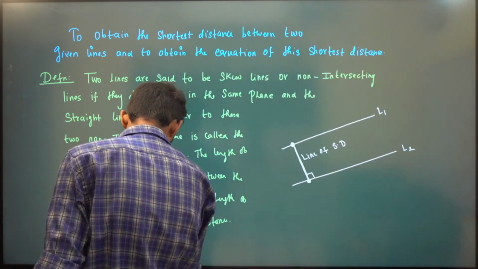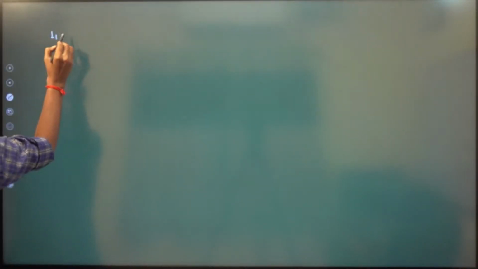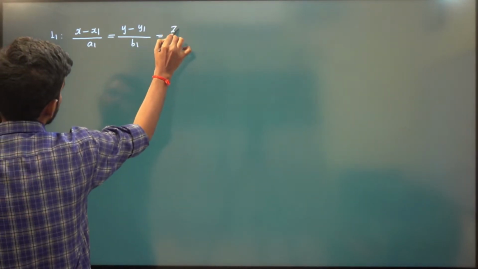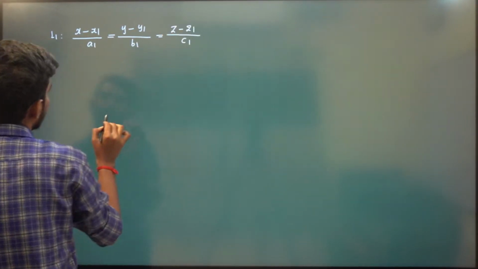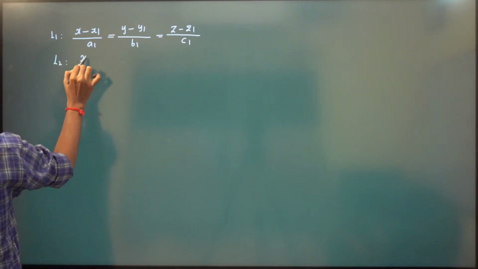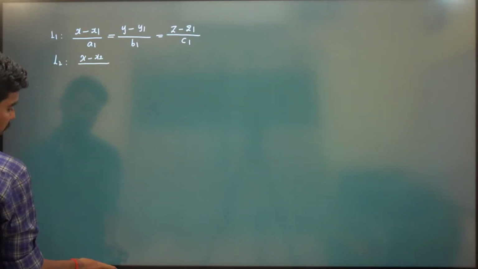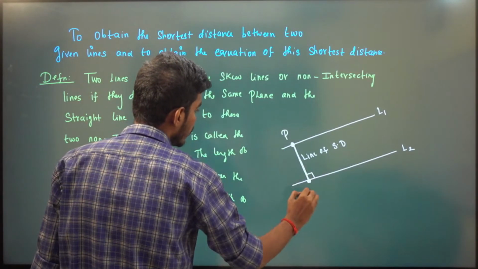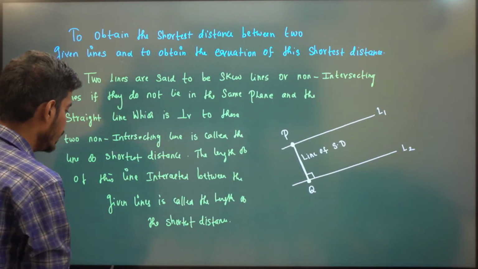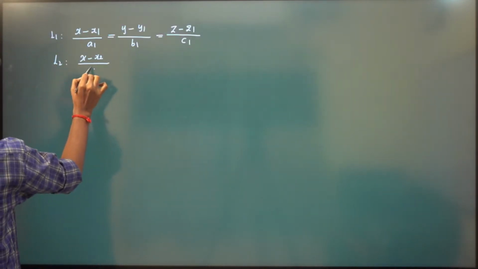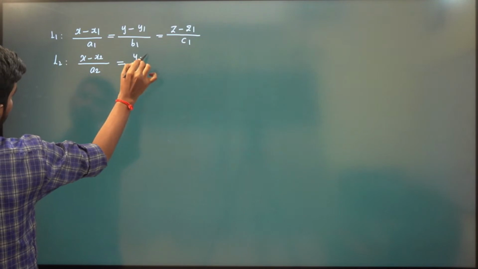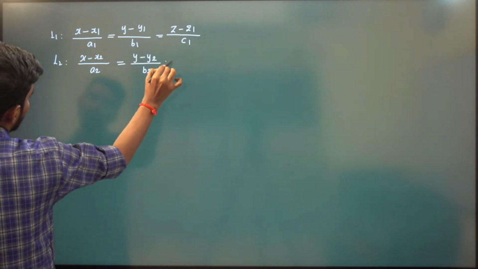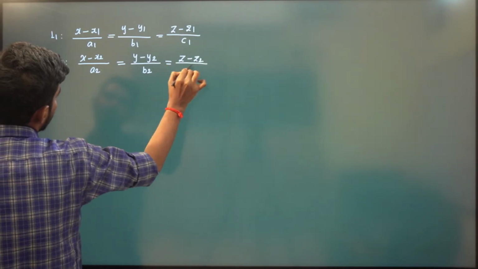Okay. Now, we have two lines. L1 is (x minus x1) divided by a1 equals (y minus y1) divided by b1 equals (z minus z1) divided by c1. And we have one more line, L2, (x minus x2) divided by a2 equals (y minus y2) divided by b2 equals (z minus z2) divided by c2.